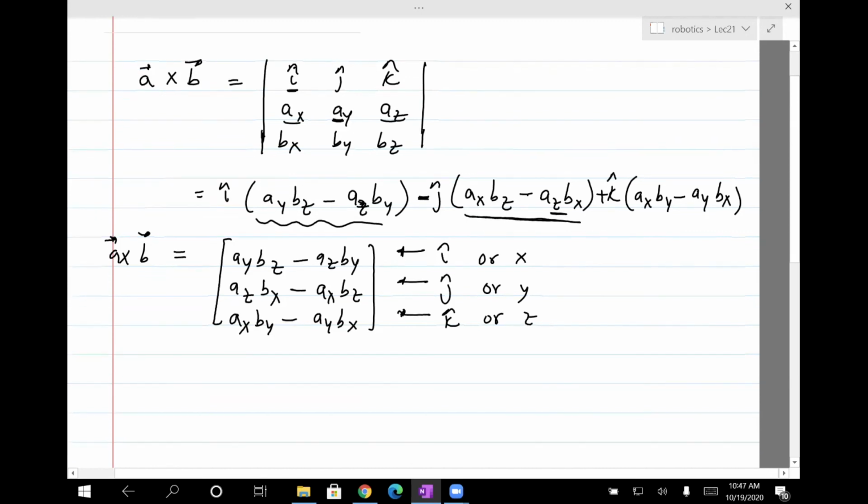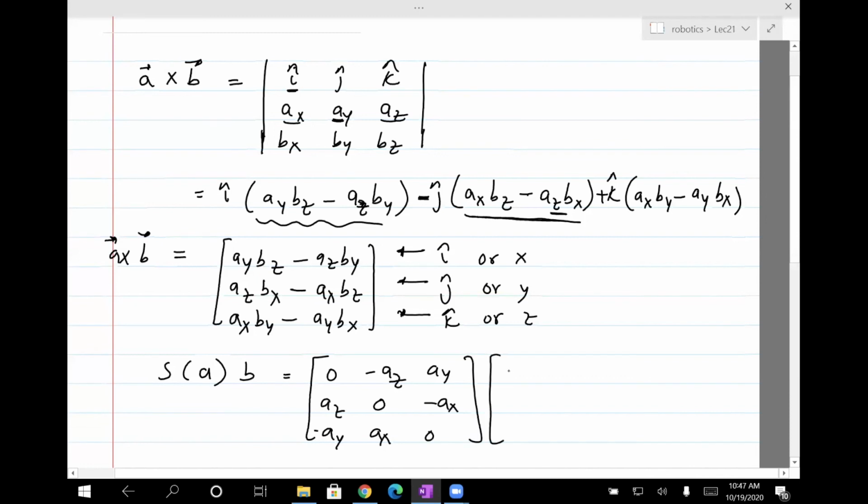Okay, so now let's do the same thing with S of A with B. Remember I wrote the form for S: 0, minus AZ, AY; AZ, 0, minus AX; minus AY, plus AX, and 0. And then B is simply BX, BY, BZ.